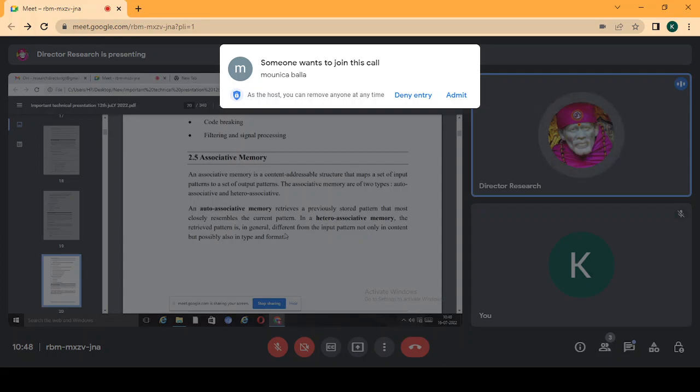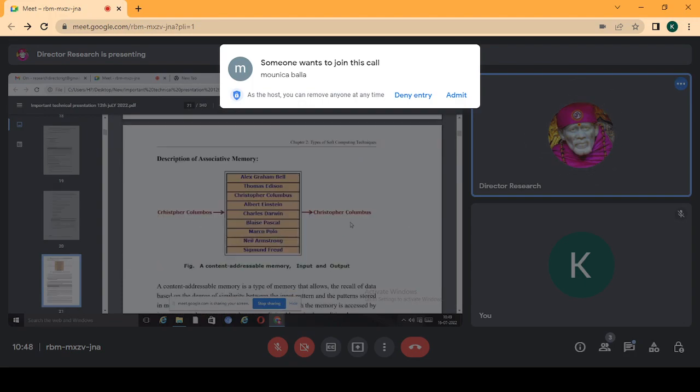An auto-associative memory retrieves a previously stored pattern that most closely resembles the current pattern. In a hetero-associative memory, the retrieved pattern is in general different from the input pattern, not only in content but possibly also in type and format.